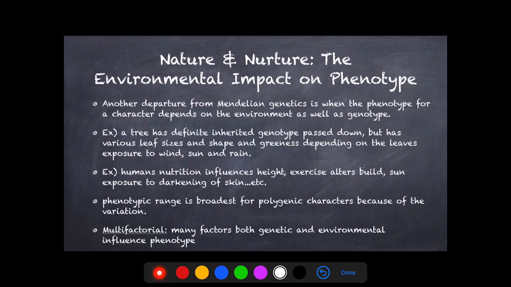So even though you and your siblings have kind of the same genetic makeup, you guys could look very different depending on what exposure you're getting.